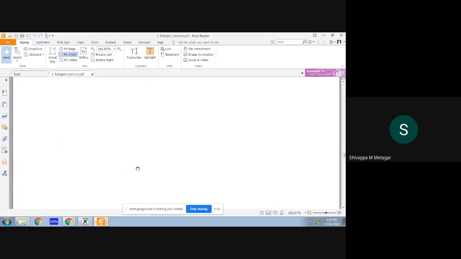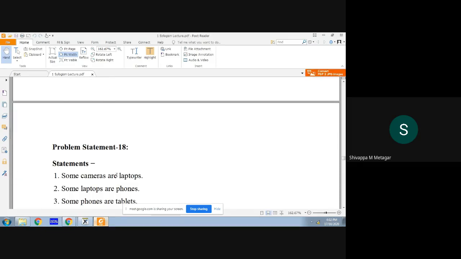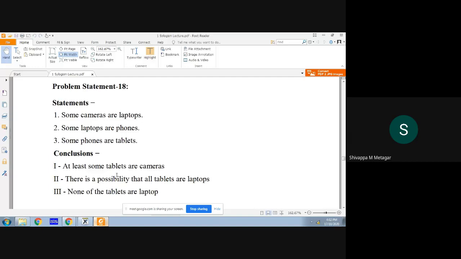Okay, see here: some singers, all singers are dancers and some actors are dancers they have given. Just now I said 3 statements and 3 conclusions. Here 3 statements: some cameras are laptops, some laptops are phones, some phones are tablets.